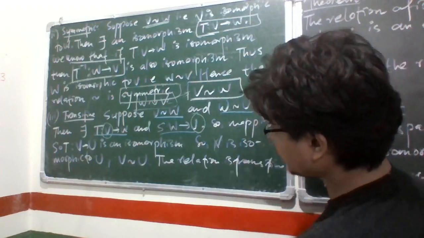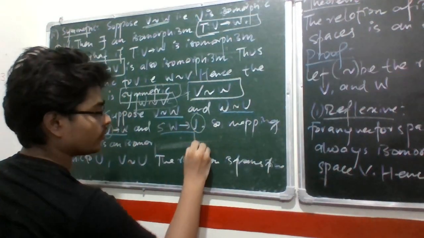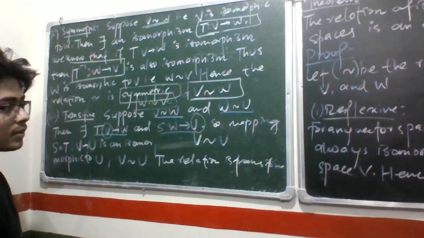That means an isomorphic relation between V and U must exist, right?